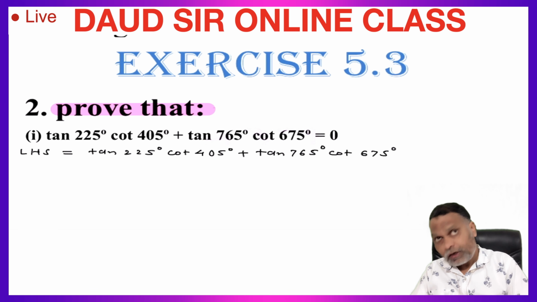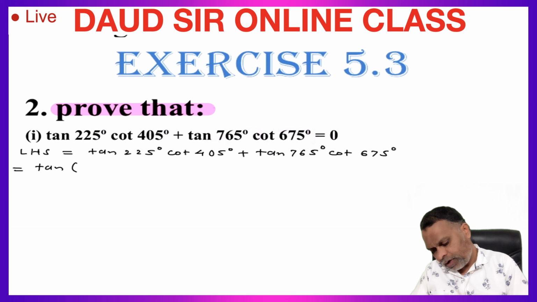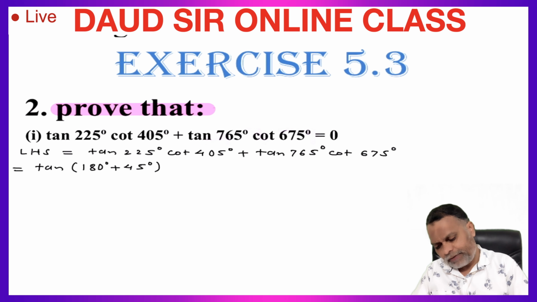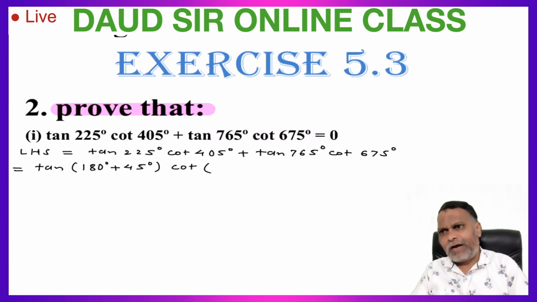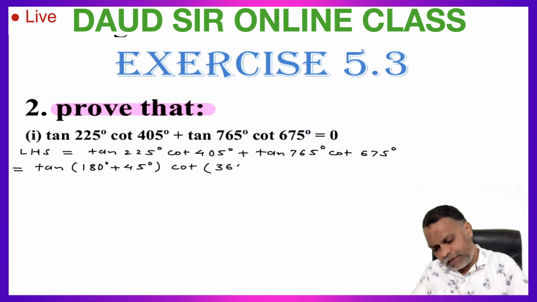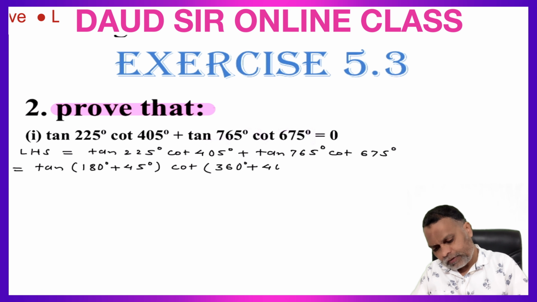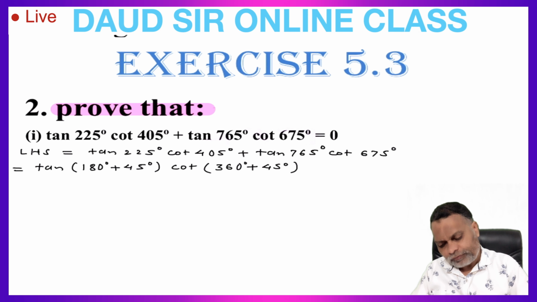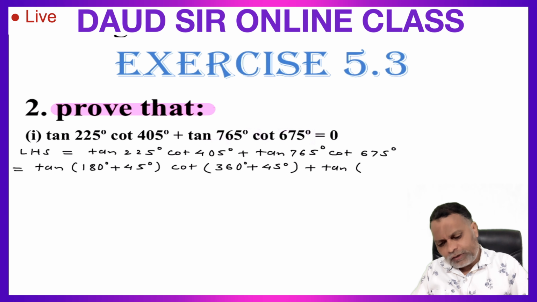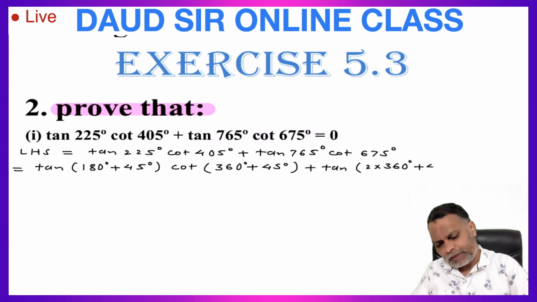So 225 degree, we can write as tan 180 plus 45 degree, 180 plus 45 is equal to 225, into cot 405 degree, which can be written as 360 plus 45 degree. 360 plus 45 is equal to 405, plus tan 765 degree, we can write this 2 into 360, this is 720 degree plus 45 degree.